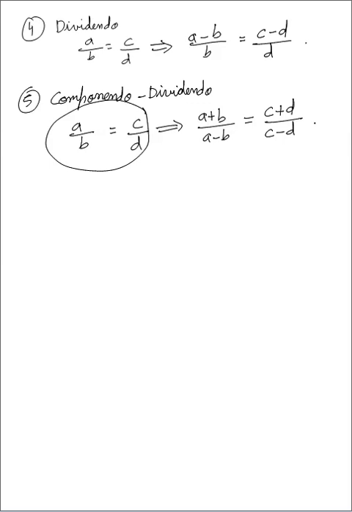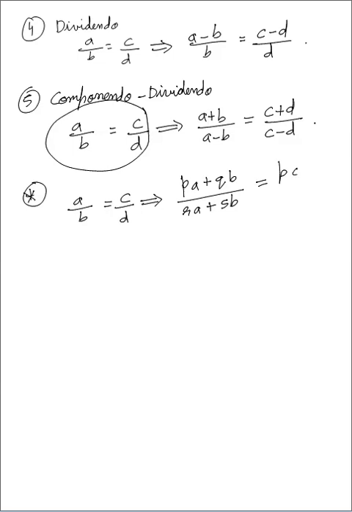Okay, and another thing which you can remember, another relation: suppose A by B is equal to C by D. Then it applies that PA plus QB upon RA plus SB is equal to PC plus QD upon RC plus SD.